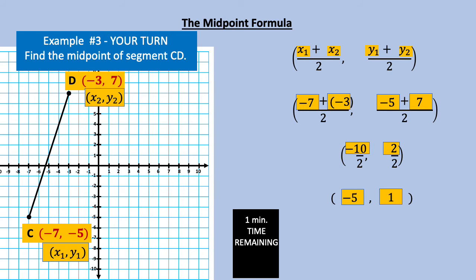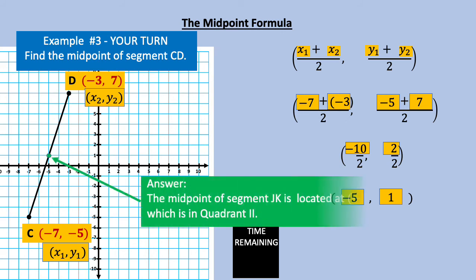And your final answer should be the coordinates of -5 and +1. That's the midpoint of segment JK. It is located at -5, +1, which is in quadrant 2. If you did not get that answer, please check your work and check to see where it was that you made a mistake.